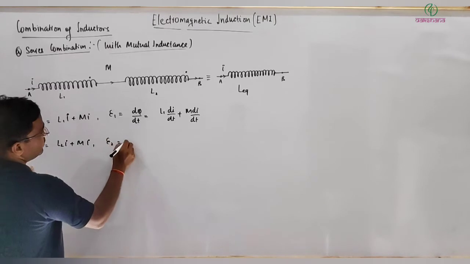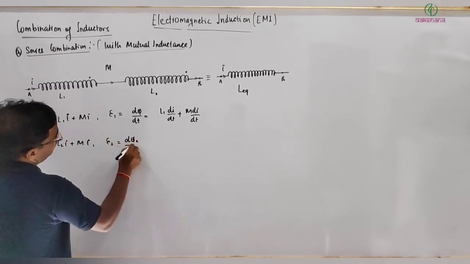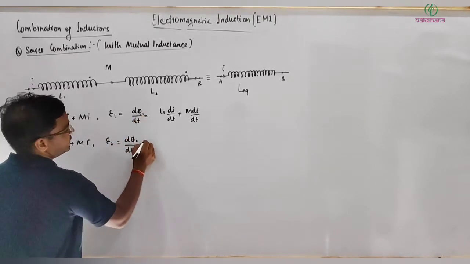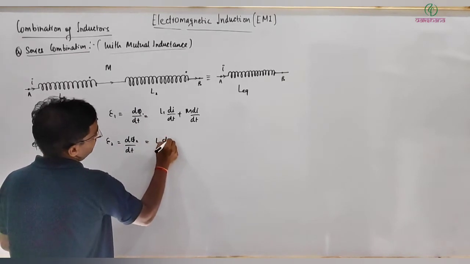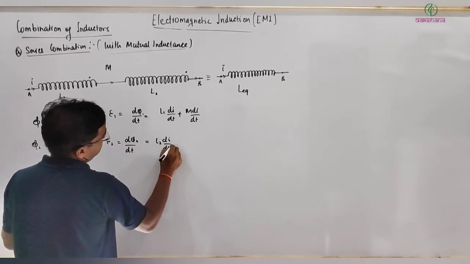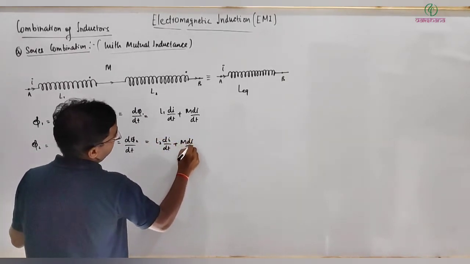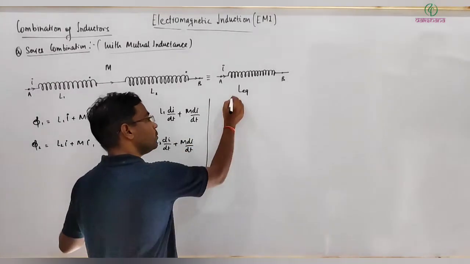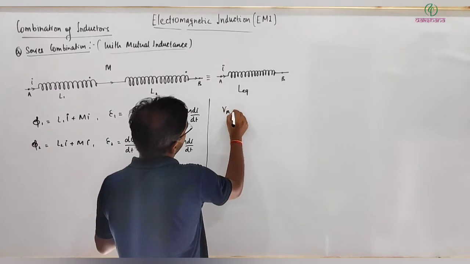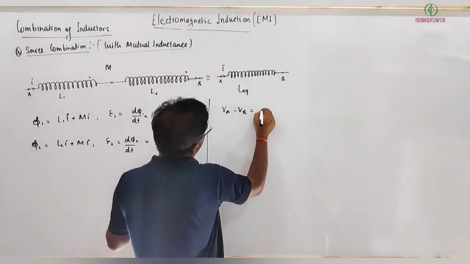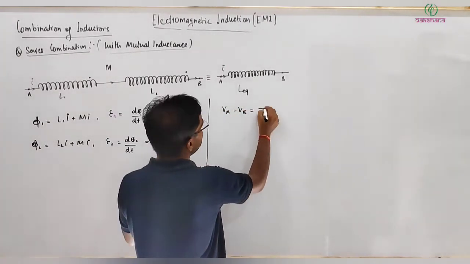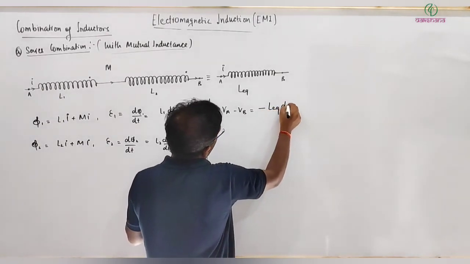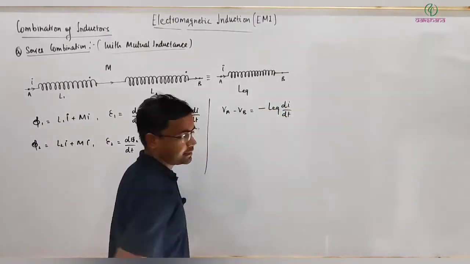Exactly in the same manner E2 can be written as d phi 2 by dt, and this is equal to L2 di by dt plus M di by dt. Is it clear? And for this system, I can write VA minus VB is equal to minus L equivalent into di by dt. Clear?